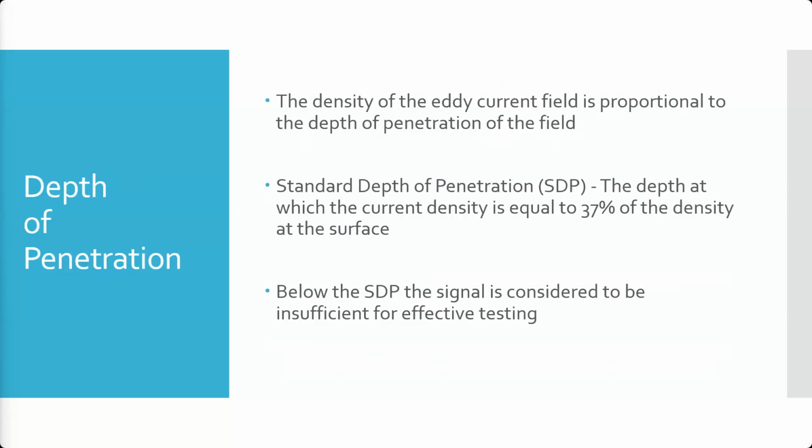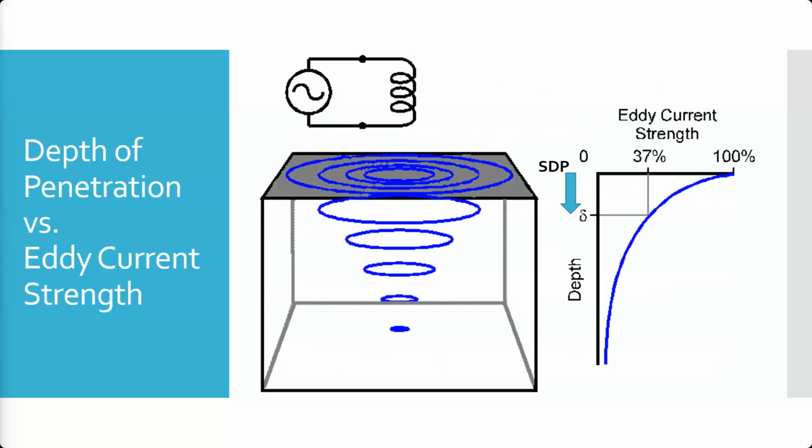And with any given set of settings and probe combination and frequency and everything else, we can calculate what's known as a standard depth of penetration. As you go in, the strength of this field is going to fall off exponentially. So here is a depth and strength curve.